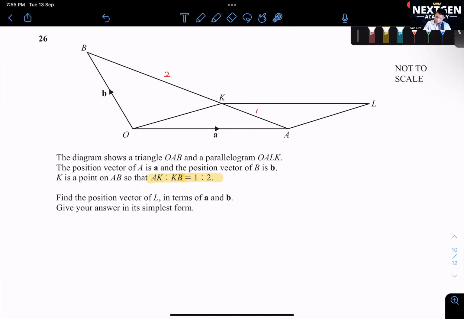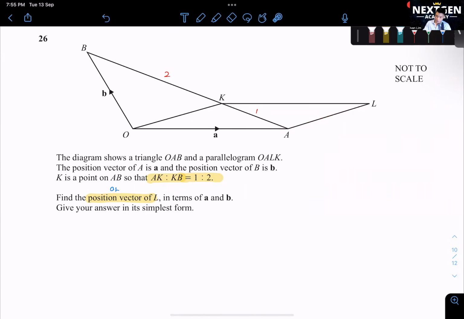What do we need to find? They want us to find the position vector of L, which means OL. So you have to think, how can I get from O to L? Maybe OA plus AL, or OK plus KL. Where can we find AL?